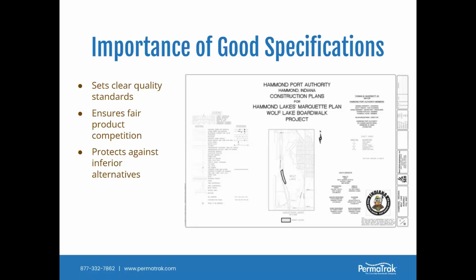But there may be some other ways of thinking of how to solve this, and that would come in as an or-equal to a defined set of construction documents. And then, of course, it protects you and it protects the owner from an installer or a bidder potentially proposing an alternate that is not equal to what you and your client want.